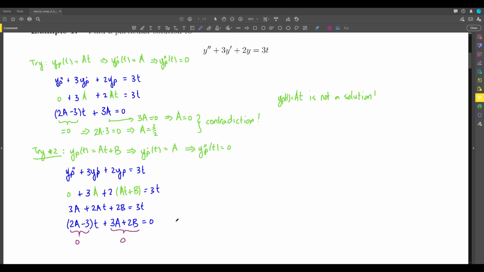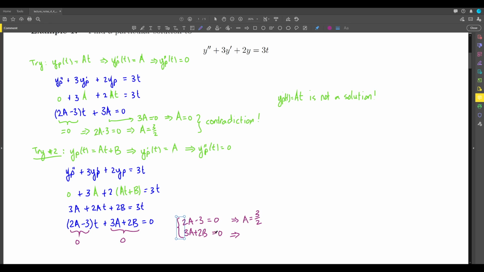So now we have a system of two unknowns: 2a - 3 = 0, and 3a + 2b = 0. That first equation we can solve for a directly. So a is 3/2.